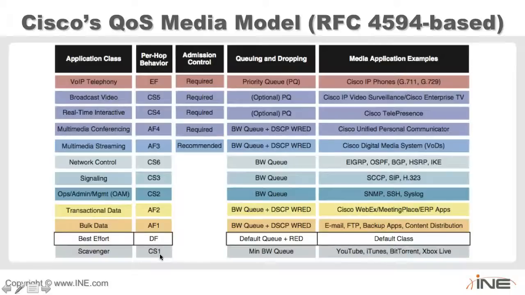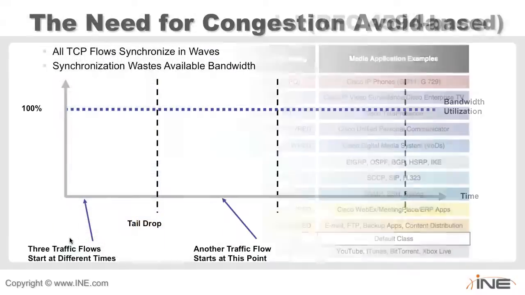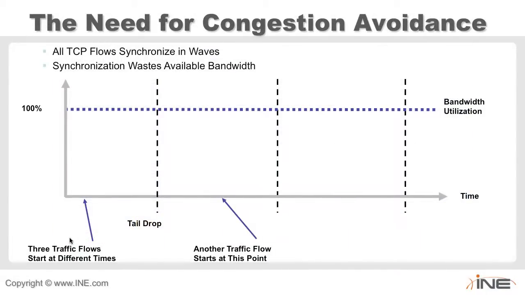So now let's take a look at the need for congestion avoidance. TCP flows synchronize in waves, and these synchronization waves can actually waste available bandwidth. So let's take a look at an example. Here we see 3 waves, and they're becoming synchronized as they go along, right?